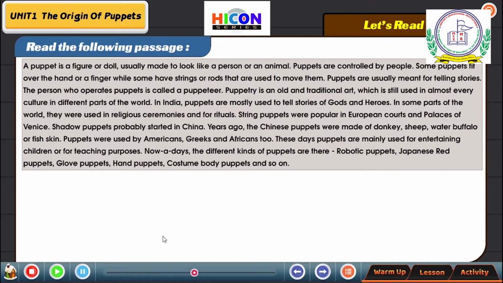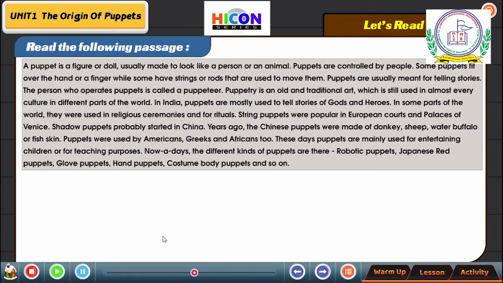Okay. A puppet is a figure or doll usually made to look like a person or an animal. Puppets are controlled by people. Some puppets fit over the hand or a finger, while some have strings or rods that are used to move them.